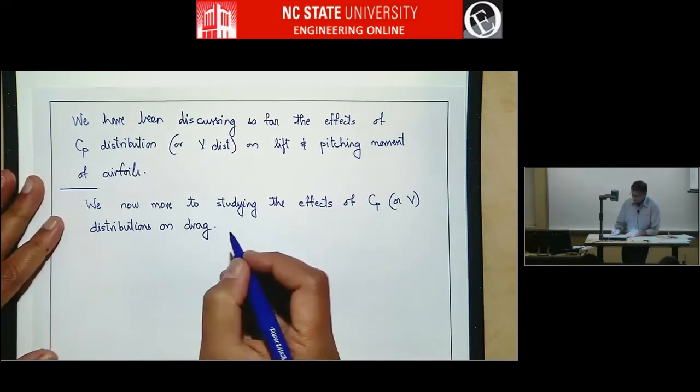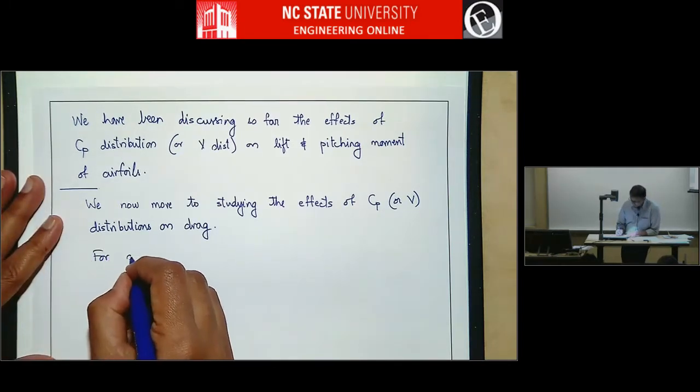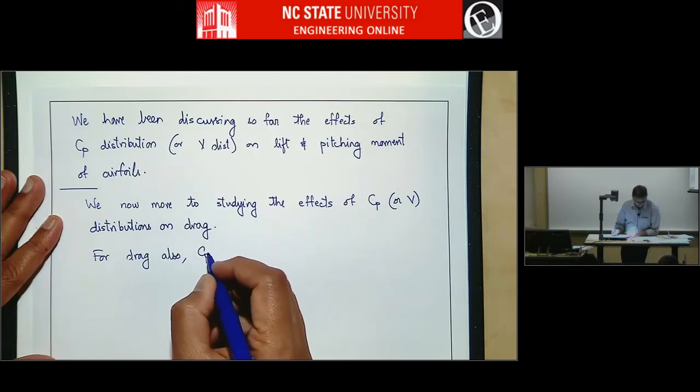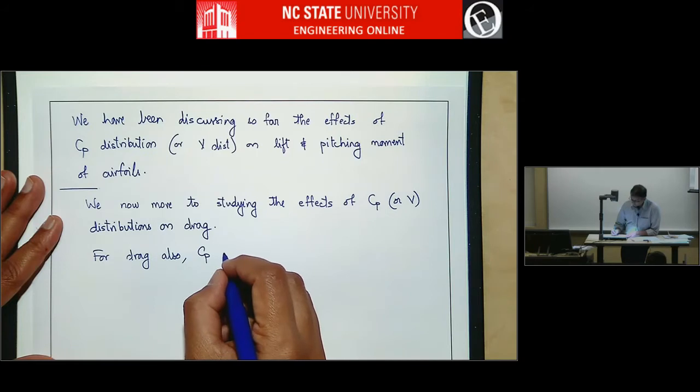So it turns out for drag also, CP distributions are major drivers.